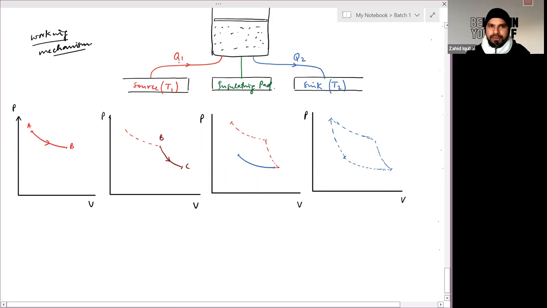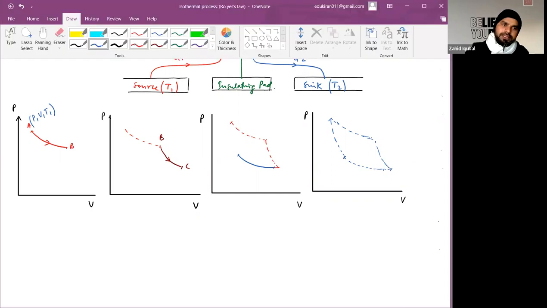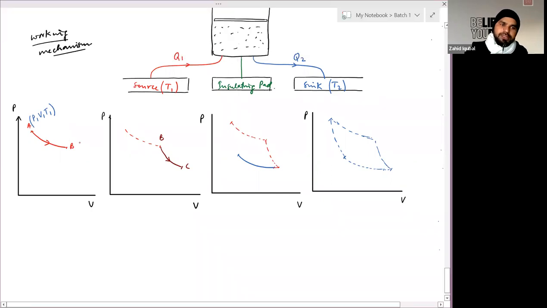So it may absorb Q1 amount of energy at constant temperature T1. Initially the gas is at P1, V1 and temperature T1. It absorbs Q1 amount of heat energy from the source at constant temperature to reach P2, V2 and T1. So this process is isothermal expansion.